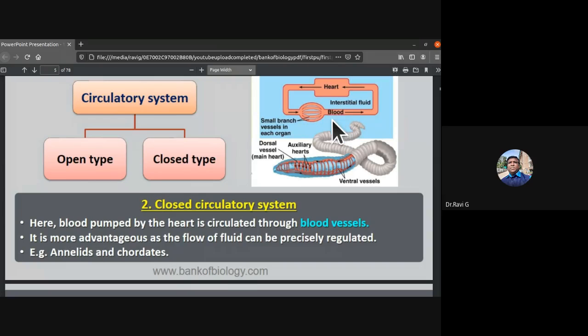It is more advantageous because the flow of fluid can be precisely regulated. Examples are annelids and chordates. Annelids like the earthworm also have a closed type of circulatory system.